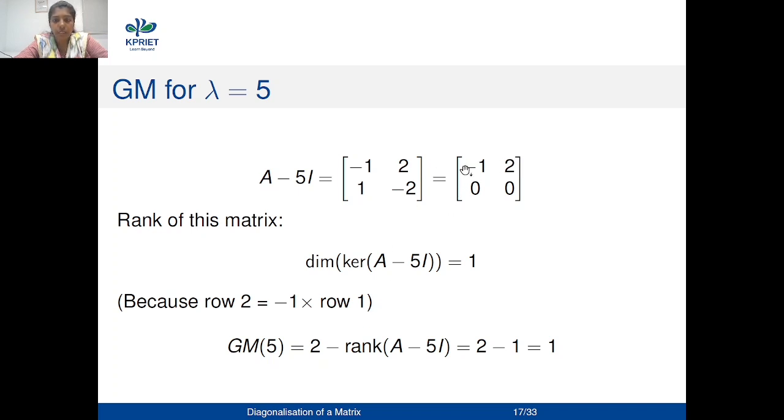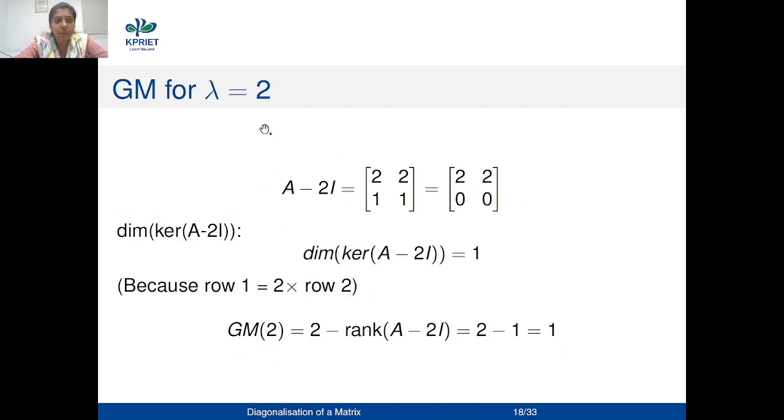So here in this case, there is only one row which is not completely 0, so the rank of the matrix is 1. So 2 minus 1 is 1. So this is another way of finding the geometric multiplicity. So here I have explained the two methodologies to find the geometric multiplicity of the eigenvalue 5.